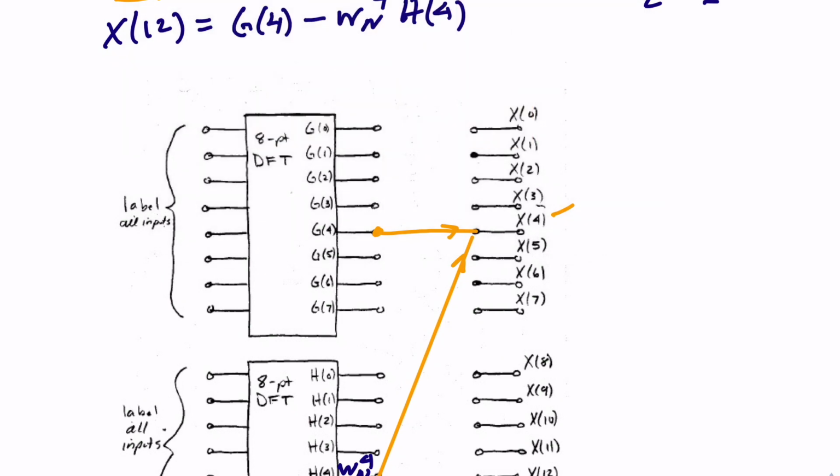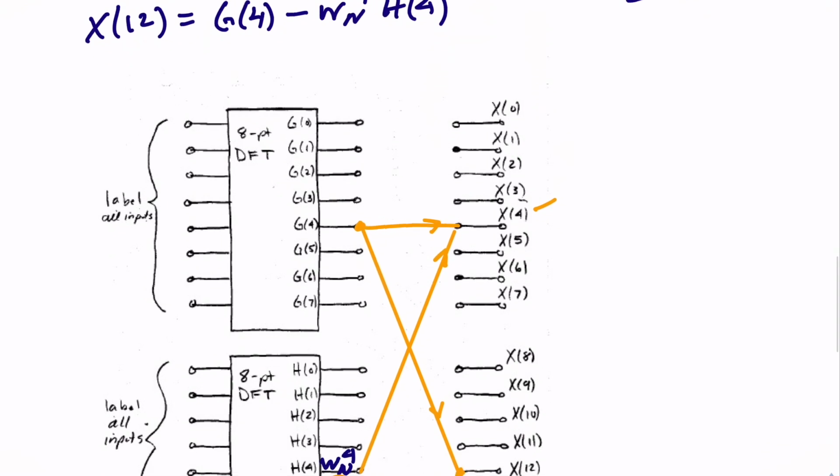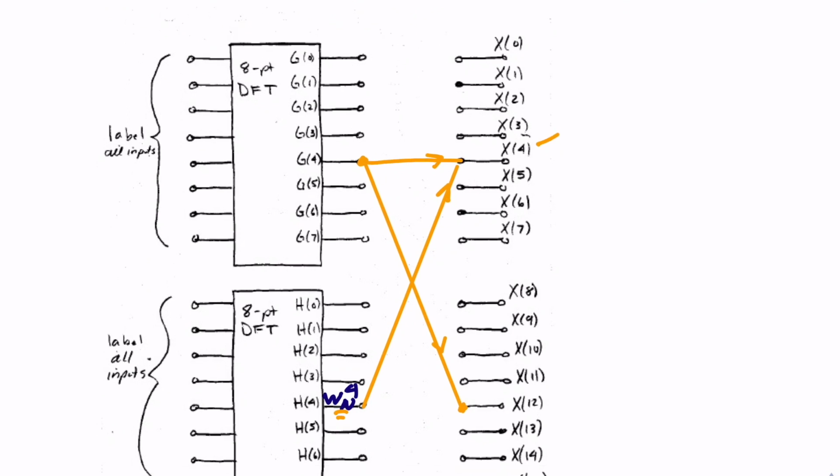Going back to orange, here's x12. I tap off from G4 to get that. Then I need a minus Wn4 times h of 4. Well, I've already formed the Wn4, because coming right out of h, I multiply by Wn4.